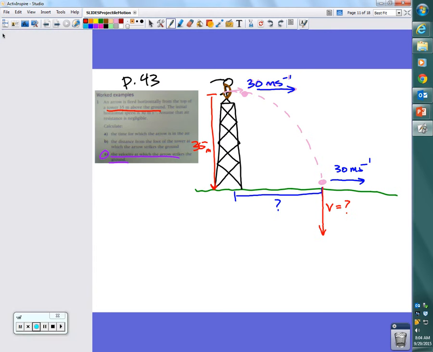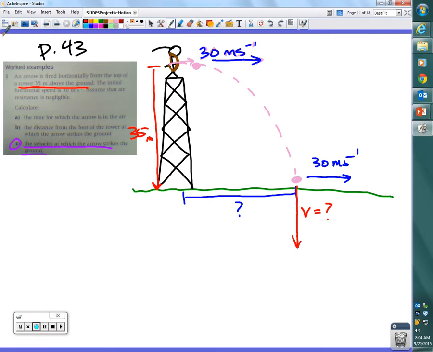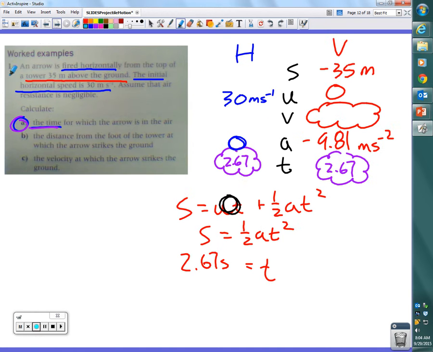All right, so this problem that we did yesterday from your book on page 43, it tells you specifically that this arrow is fired horizontally, right? That when it becomes a projectile, it was moving horizontal, just like in this picture right here. And we said that that's important when we are determining factors of that motion in our chart of horizontal and vertical motion, because it means that the initial vertical velocity is 0.